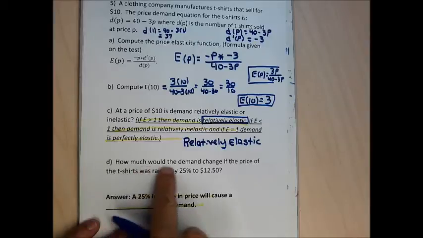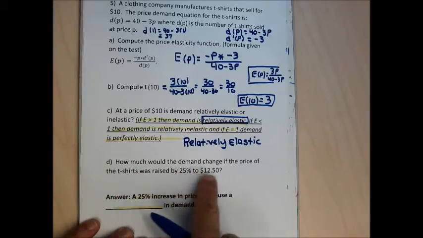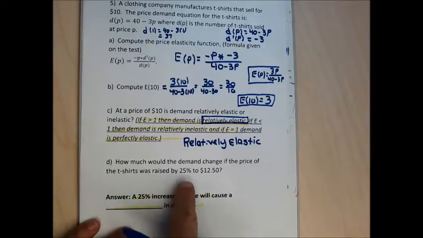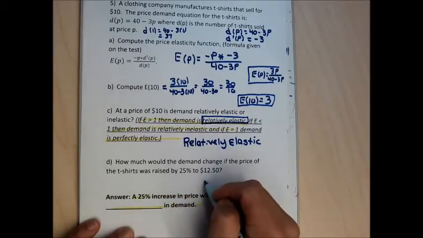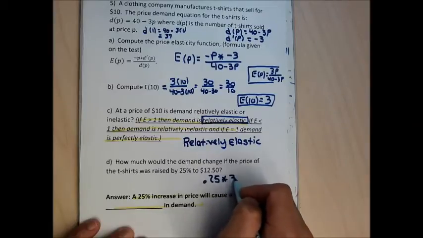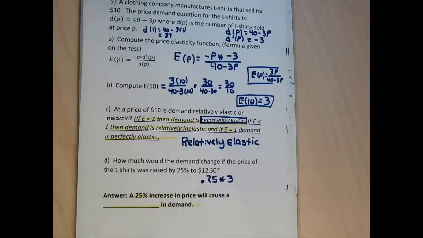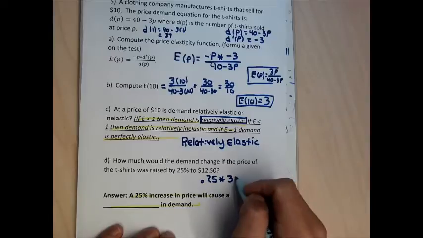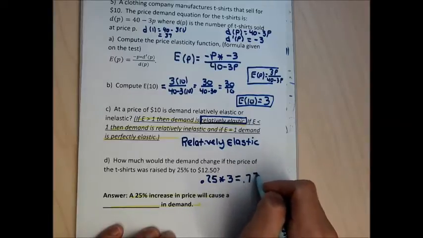Lastly, how much would the demand change if the price of shirts was raised by 25% to $12.50? I simply take this 25%, make it a decimal, multiply it by 3, and when I do this, I get 0.75.